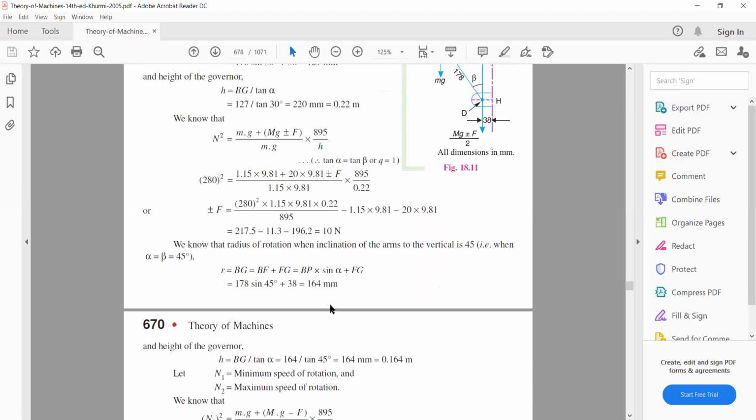Just do the calculation. When we calculate our equation, the F value will come to nearly 10 newtons.